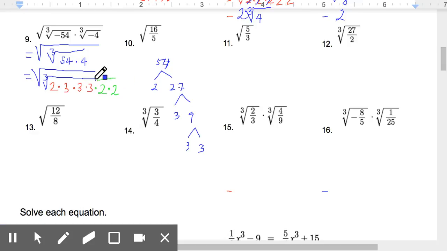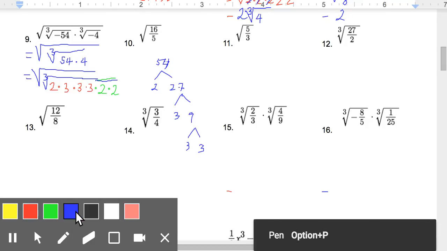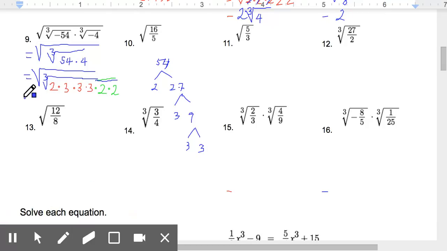All right, so now we can simplify the cube root. Because here inside the square root, we have the cube root of these factors. We need to look for 3 identical factors. So I have a 2 here, another 2 here, and another 2. So I have 3 identical factors of 2.